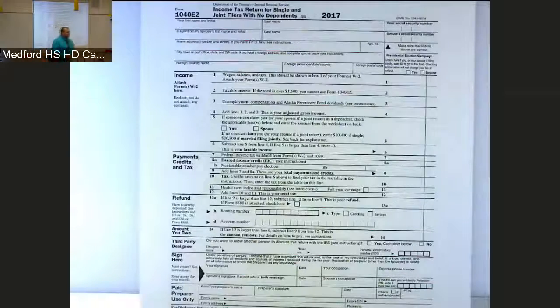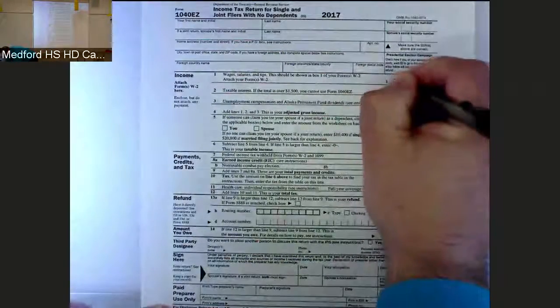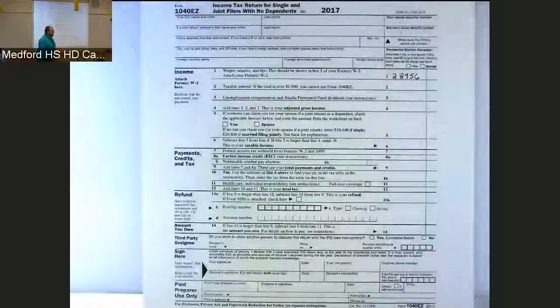When you're listing your income, leave off the cents. Ignore them. Don't round, but just ignore them. So the amount that you should be entering in line 1 of that form is $28,956. We're ignoring the cent amount.